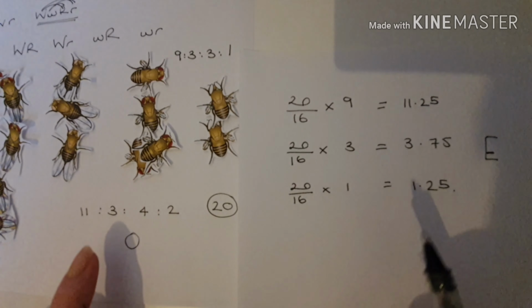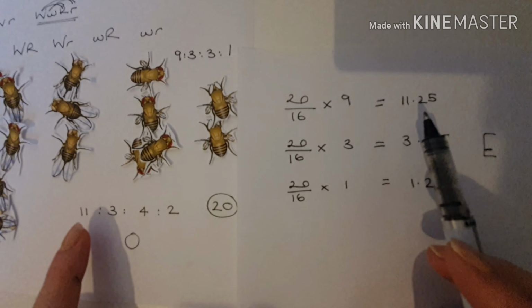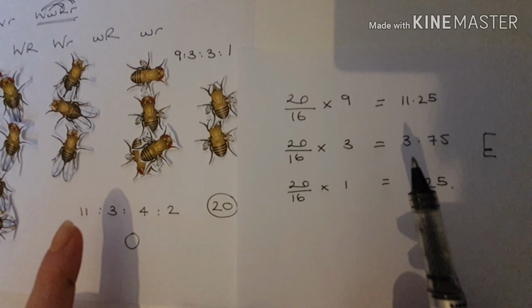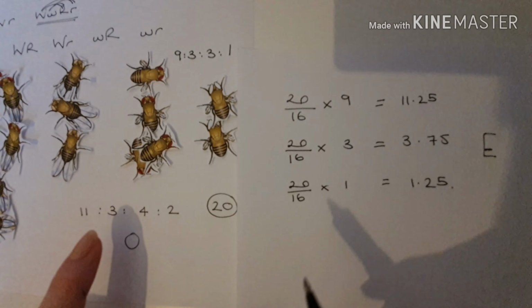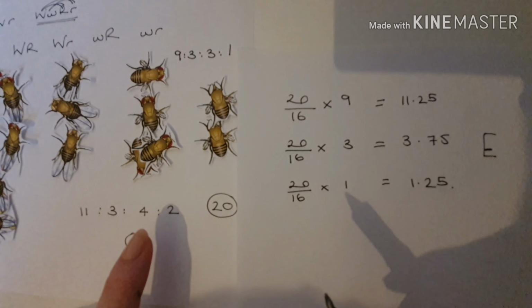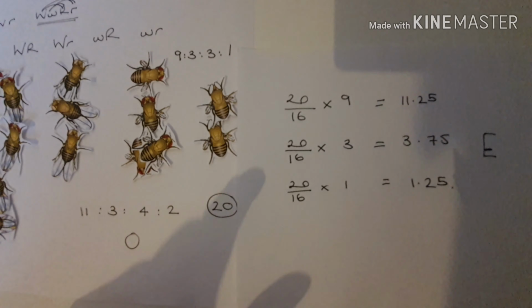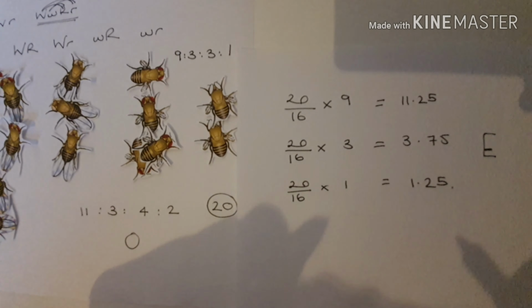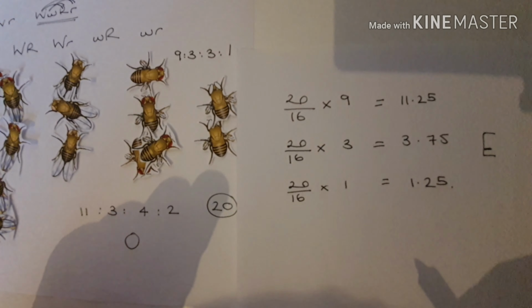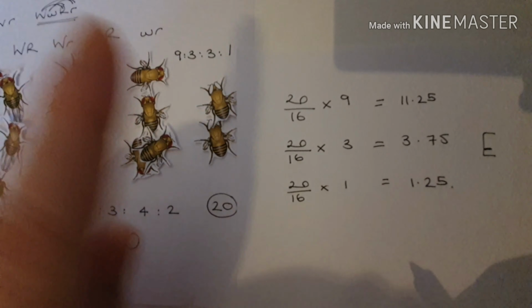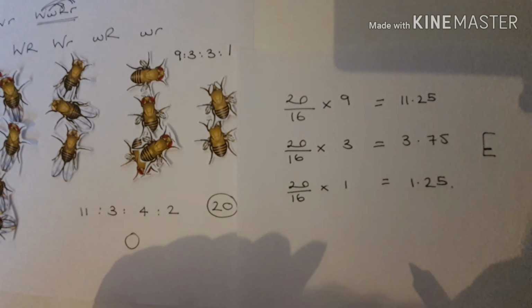Looking at these numbers, 11.25 I expected, I got 11. 3.75 I expected, I got 3, and then 4 for the other category. 1.25 I expected, I got 2. So I would say that my ratio is extremely close to a 9-3-3-1 proportion out of the 20 flies.